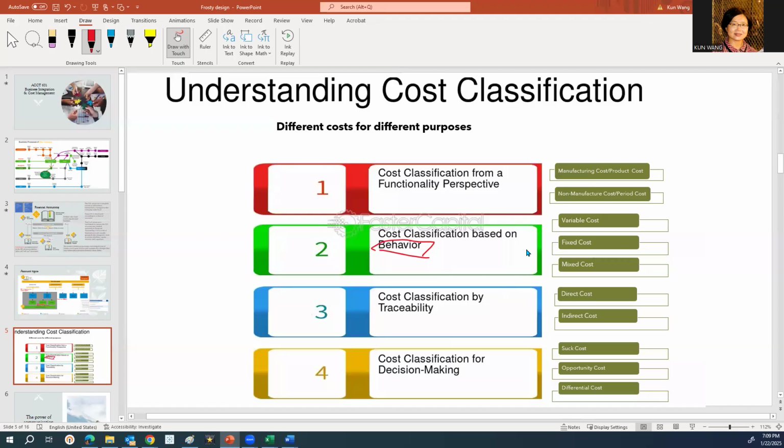So when this cost driver increases or decreases, how will the numerical value of the cost react to the cost driver? They will change accordingly, or they will remain the same, or they will change but not linearly, right? So if they change, is it a linear relationship, or zigzagged, or maybe a curved line.